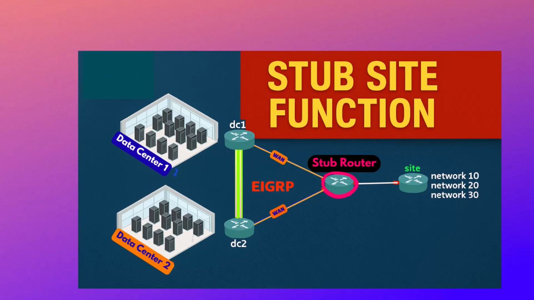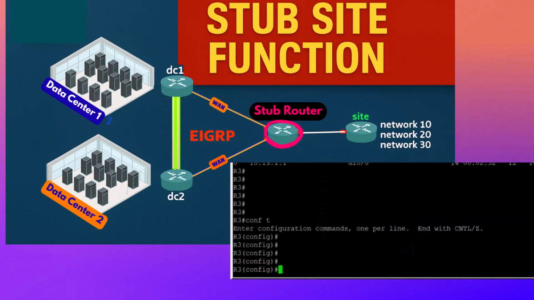Okay, now we are in the stub router CLI here. What we're supposed to do in this scenario, guys, as I told you before, is disable this stub router from becoming a transit router for data transmission between data centers.